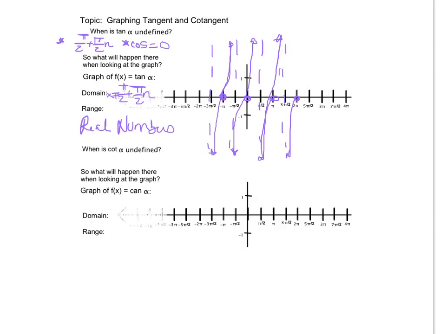So I'm going to go ahead and plot where it's undefined, and I notice that cotangent is undefined every pi n, or where sine is equal to 0, since this is cosine over sine. So again, just going from my table, at -pi over 2, I am at 0, and at 0 I am undefined.